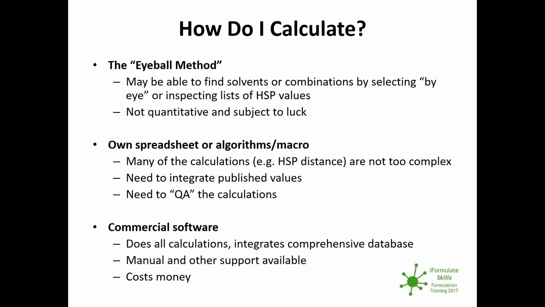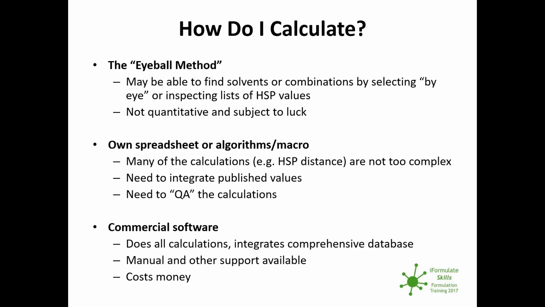So we've got our parameters. How do we do the calculations that we need to select new solvents or new materials for our formulations? Well, first of all is the quick and easy but limited eyeball method. I call it the eyeball method, whereby simply looking at tables or lists of HSP values, solvents or combinations of solvents can be selected by simply inspecting those lists and picking solvents that look to have the right DD, DP and DH values.